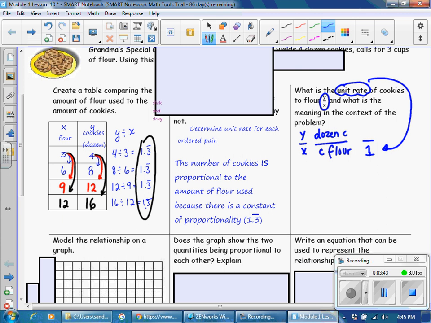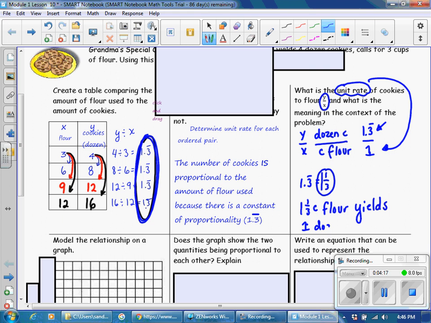Well, the unit rate we calculated over here is 1.3 repeating. Now on a measuring cup, you don't have 0.3 repeating. So let's convert that to a fraction. 1.3 repeating is equivalent to 1 1/3. So we'll use the unit rate of 1 1/3. And what it means in the context of this problem, 1 1/3 cup of flour yields 1 dozen.